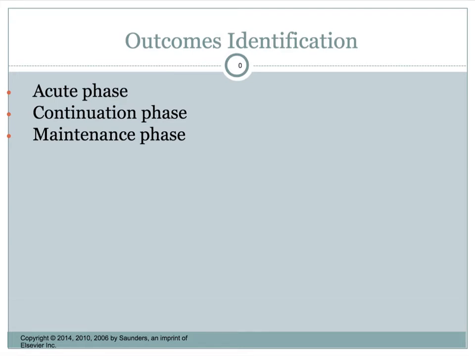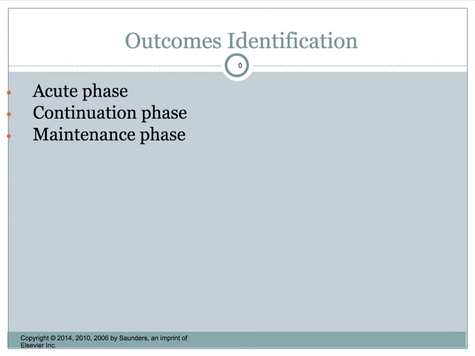In the continuation phase, this can last 4 to 9 months, and we are hoping to prevent them from relapsing during this time. So we want to make sure that they, as well as their family, are starting to gather an idea about their condition and the process, making sure they know about their medications and how important it is, and not to be taking any other drugs along with their medications, and what some signs and symptoms are if they're going to start to relapse, so hopefully we can catch it at an early stage before they become full-blown again.